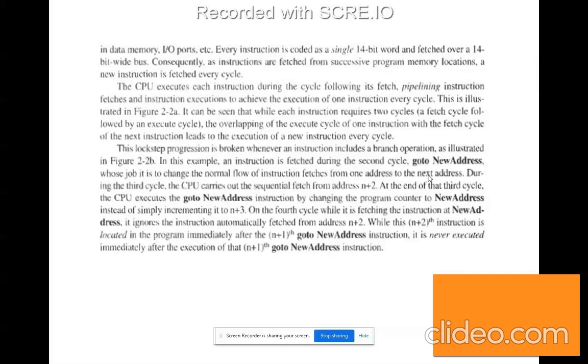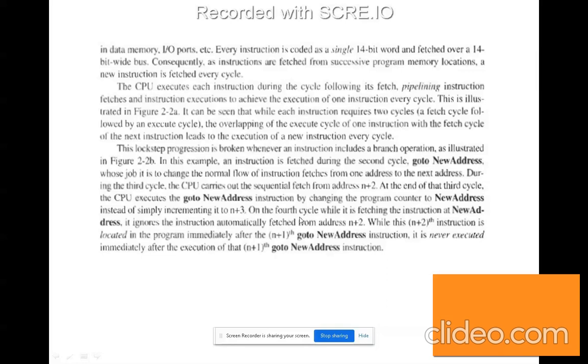And then during the third cycle, the CPU carries out the sequential fetch from address n plus 2. At the end of that third cycle the CPU executes the go to new address instruction by changing the program counter to the new address instead of simply incrementing it to n plus 3.